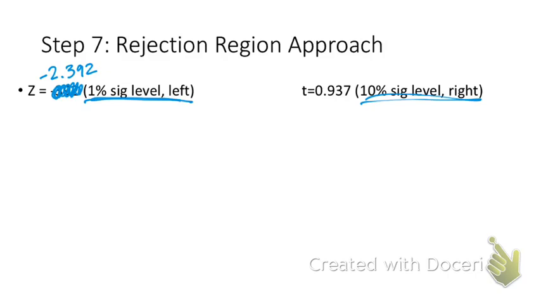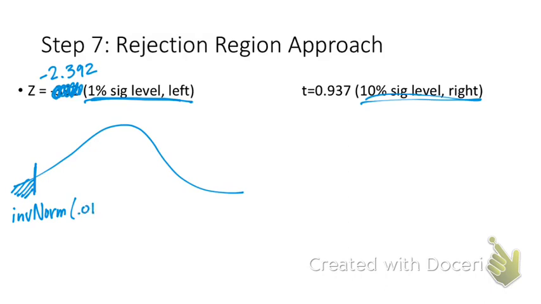So with Z, we're going to use inverse norm. So we've got our Z curve, a 1% significance level, and it's a left tail test. So I would put in inverse norm of what? What percentile am I looking for? 0.01, 0, and 1.